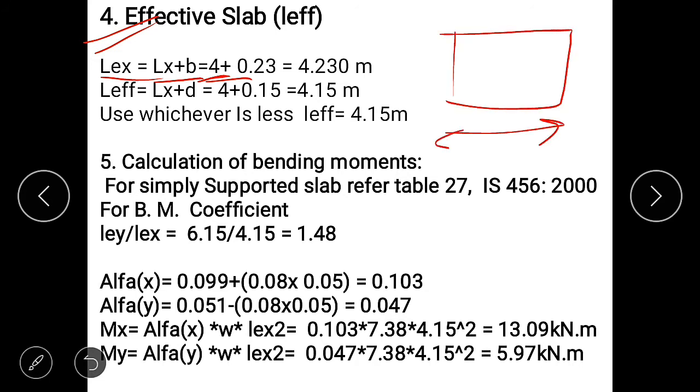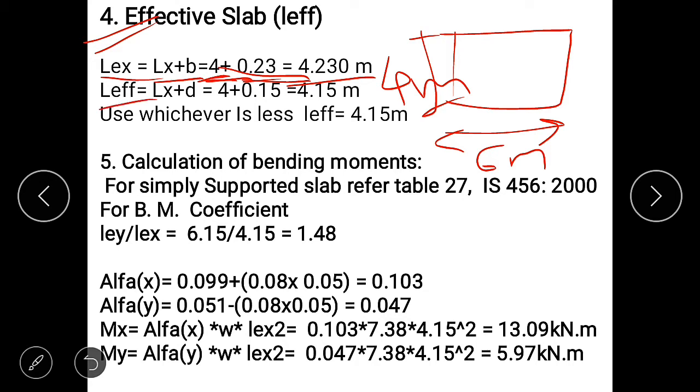Our room size is 6 meter by 4 meter. So the shorter span is 4 plus 0.23, the masonry wall thickness, so the total is 4.23 meter.